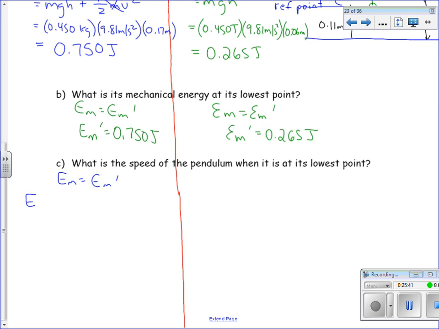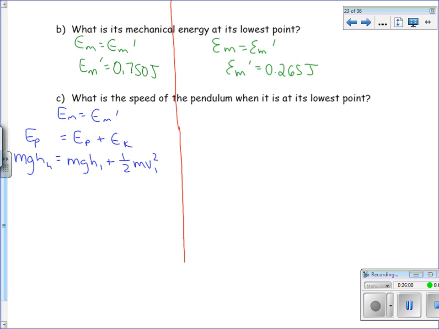So we have EP before, and it was all EP, and then afterwards it's EP plus EK. So mgh at the highest point is equal to mgh at the lowest point plus 1/2 mv squared at the lowest point. We can cancel masses. We don't need masses.